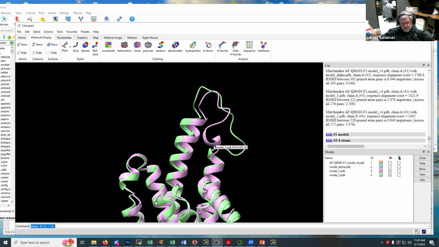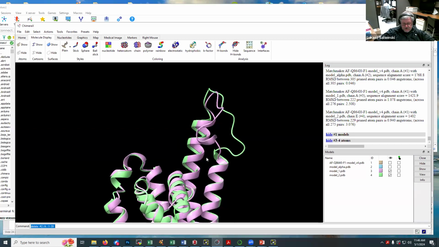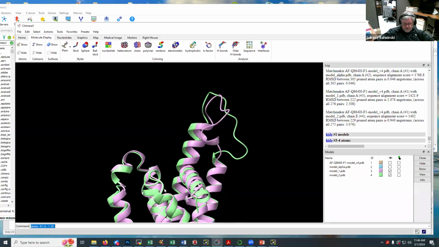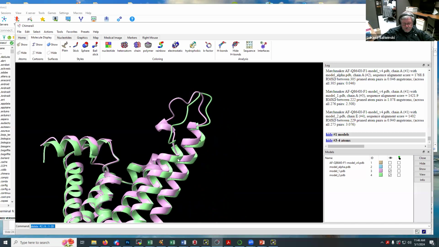If they explain your experiments better, then you can claim that this particular model is supported by your data. So that's one of the reasons to check more than one template and look at differences between those. Of course, you've got to check initially that there are no gross errors like misalignment of helices and things like that.